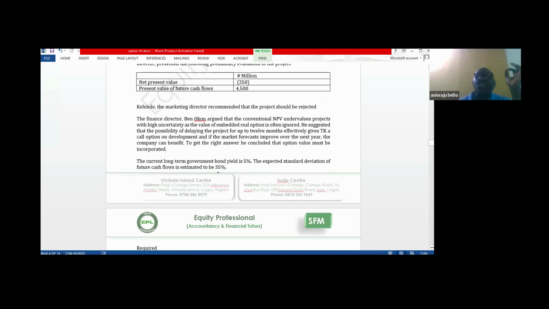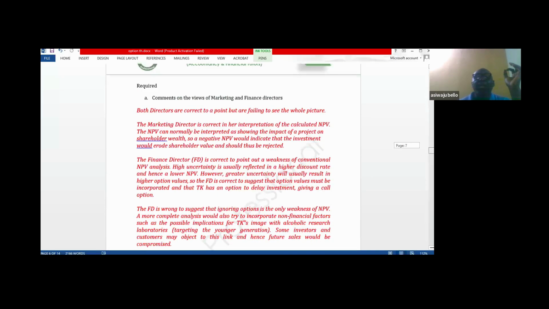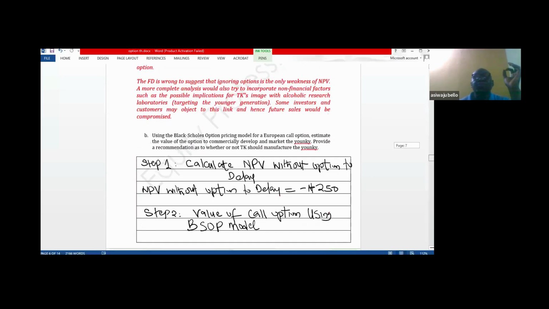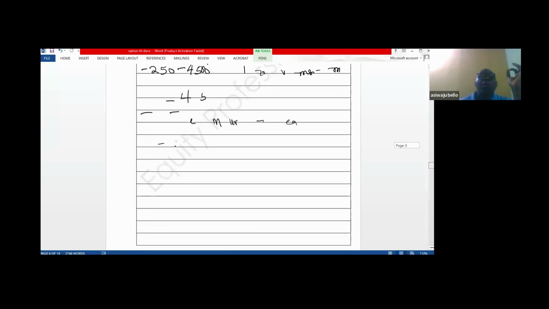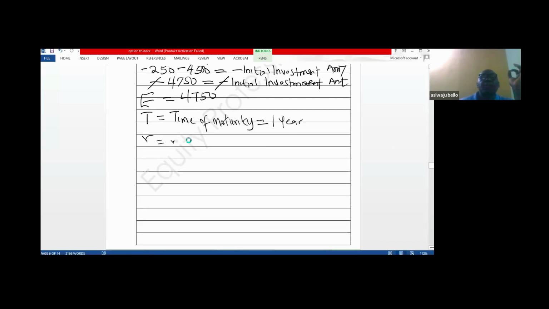And the standard deviation is 35%. Return to the question. The risk-free rate is 5%, that is 0.05.